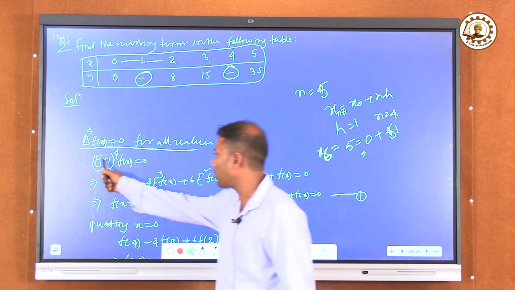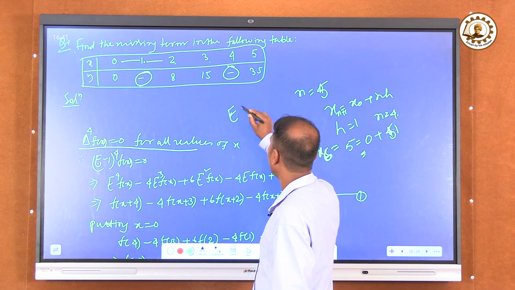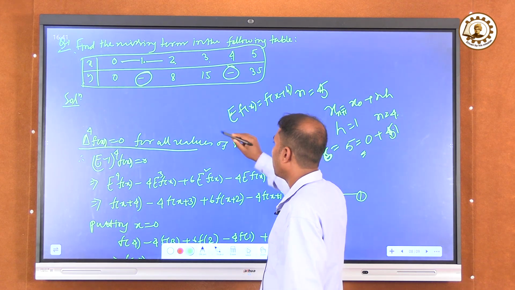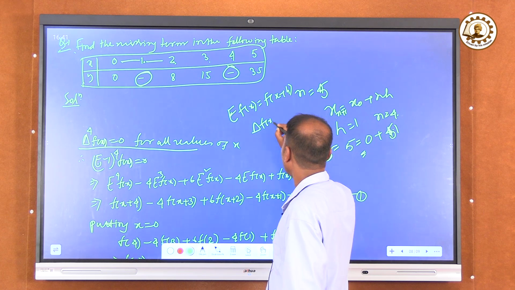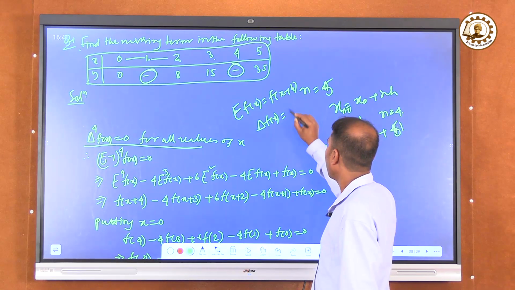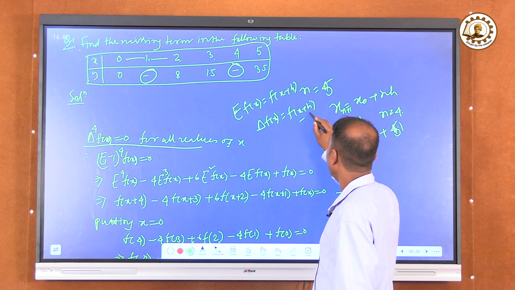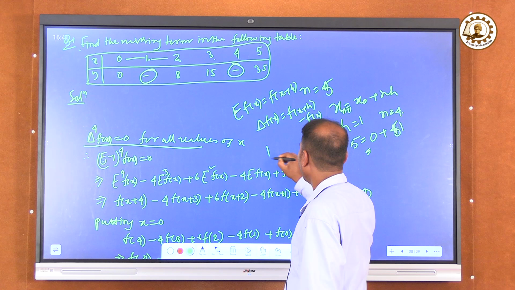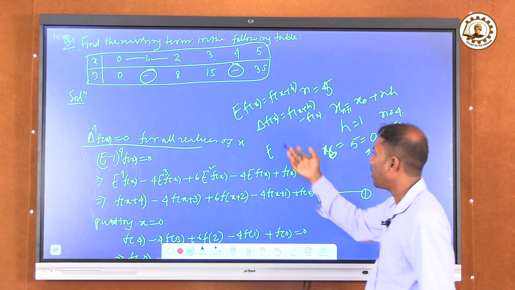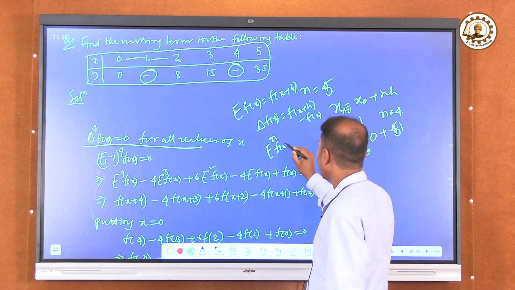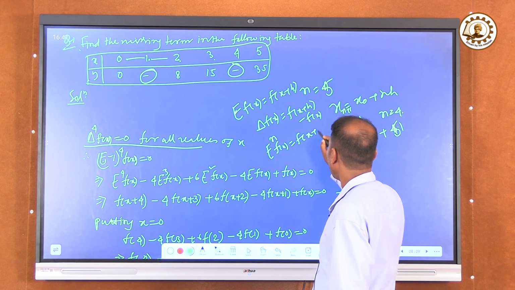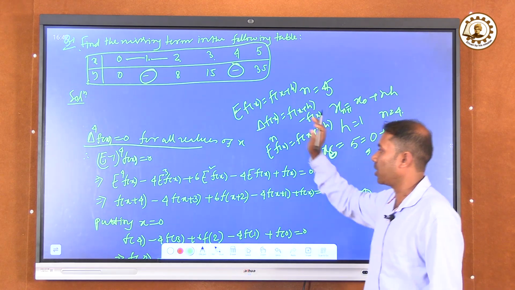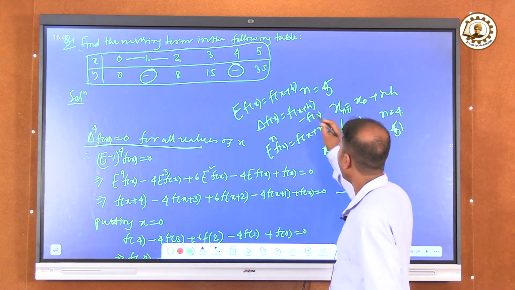We know the shift operator E of fx equals f of x plus h, and the definition of the forward difference operator is f of x plus h minus f of x. If we derive this, E to the power n f of x can be written as f of x plus nh.